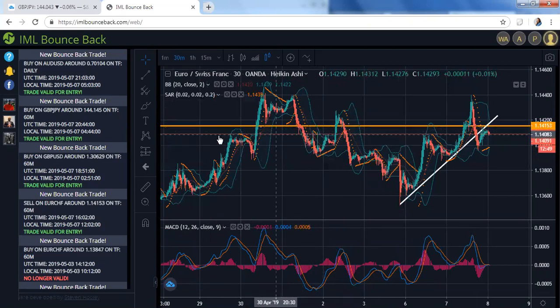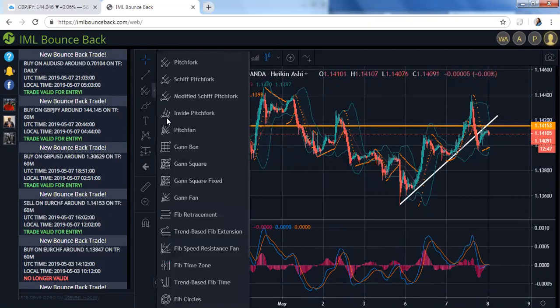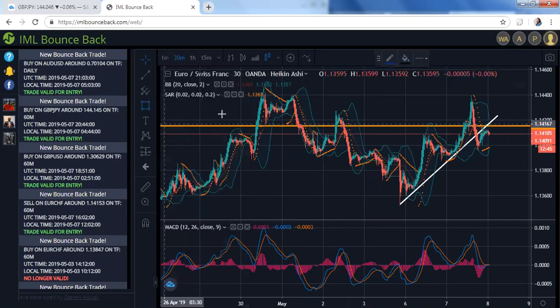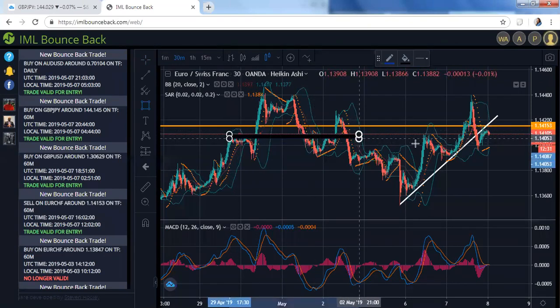Last week we were talking about structure, identifying structure. So let's look for support equals resistance around this area. So we could see structure happening here.